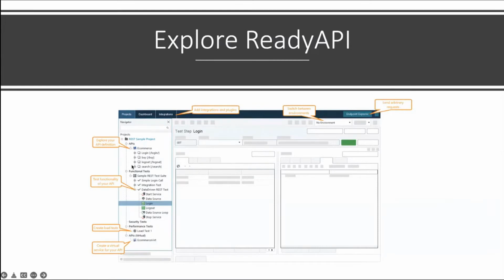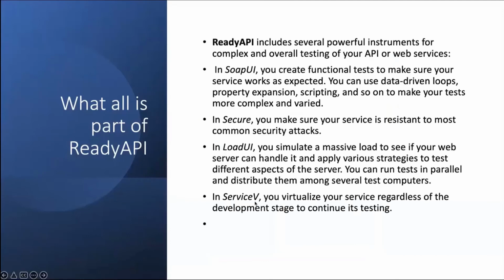Now, depending on type that you are going to use, your Navigator or Project Explorer provides you following options for every project that you create. First is API, then you have functional test, then you have security test, you have performance test, and you have virtual APIs. And this is what is ServiceV.